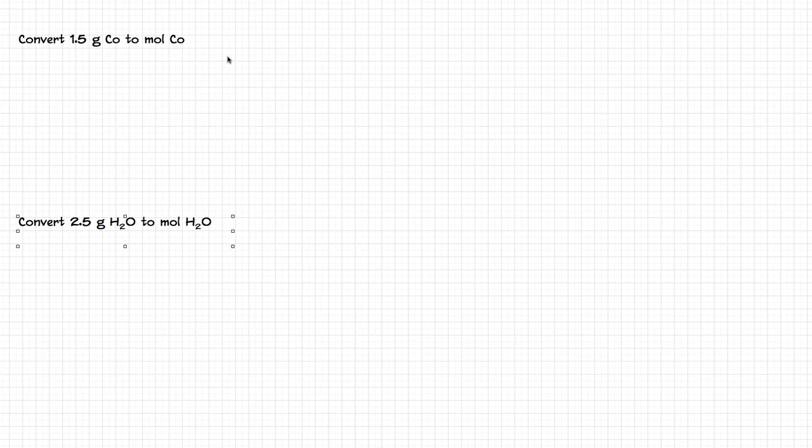Okay, here we are, and our first question is asking us to convert 1.5 grams of cobalt to moles of cobalt. So when we're first doing these problems, it's probably a good idea to make a unit diagram. And we're going from grams of cobalt to moles of cobalt.